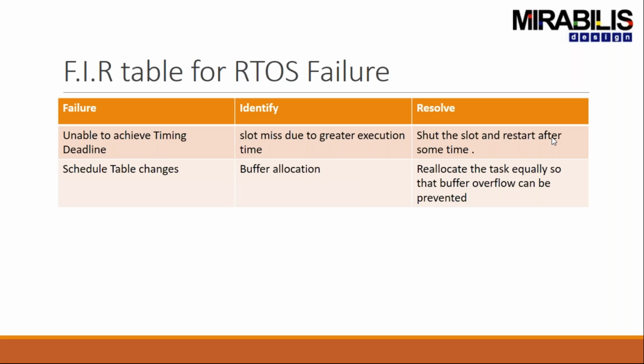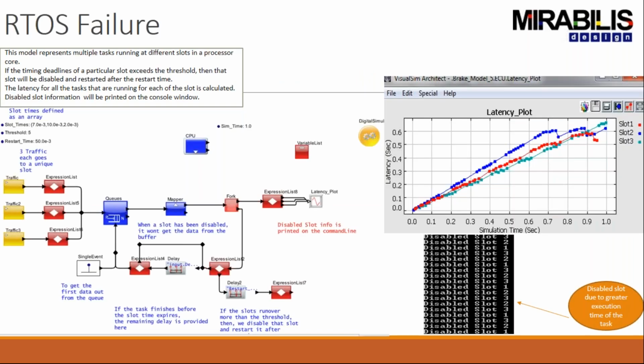Sometimes, due to an anomaly, the packet execution time exceeds the slot time. If this happens in a continuous flow, then after some time the slot is going to be shut down, and then we will start the slot after the restart time.